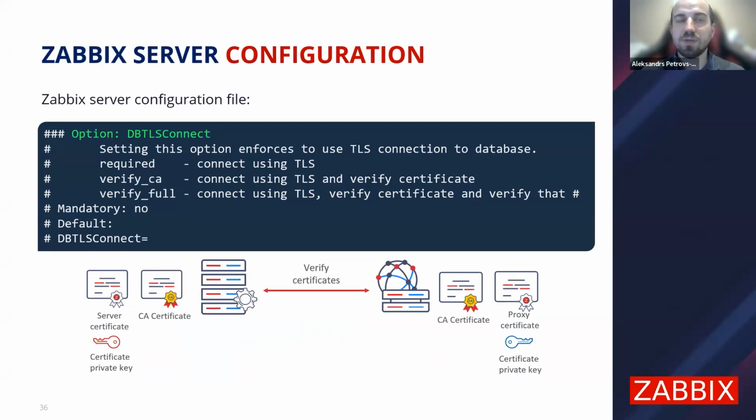And it's really simple to configure, especially with MySQL. With MySQL, it would be enough to just use required, since when you use MySQL, it actually generates certificates as soon as installation is finished. But you can also verify the certificate authority, so again, who issued the certificate, or verify full to verify that the host name to which you will connect, or the database, will be the same as the common name in the certificate.